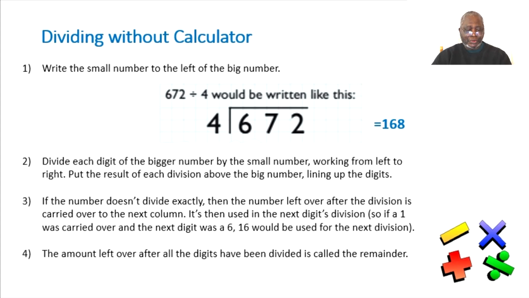It's then used in the next digit's division. So if 1 was carried over and the next digit was a 6, then you have to divide 16. The amount left over after all the digits have been divided is called the remainder.